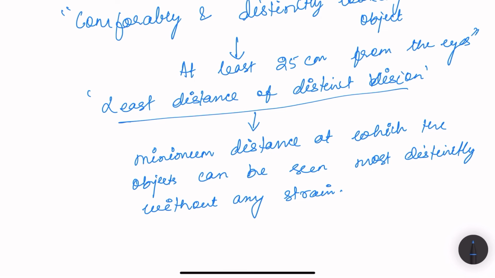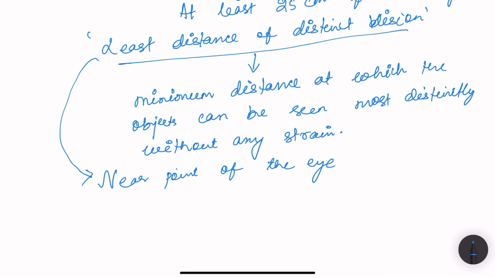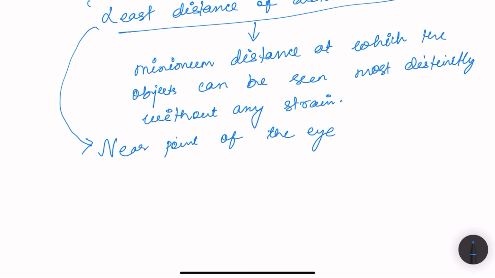It is also called the near point of the eye. For a young adult with normal vision, the near point is about 25 centimeter.